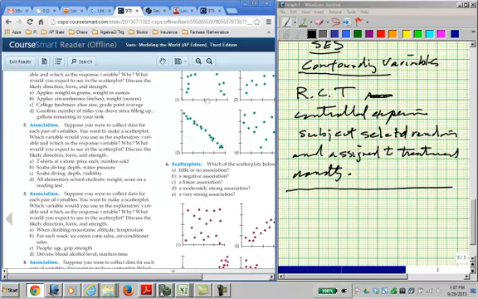Okay, problem 2. Suppose you collect data on each pair of variables. You want to make a scatter plot. Which variable would you use as the explanatory variable, and which is the response variable? Why? What would you expect to see in the scatter plot? T-shirts at a store, price for each number sold. Well, clearly the explanatory variable would be price, and the consequential variable would be number sold.